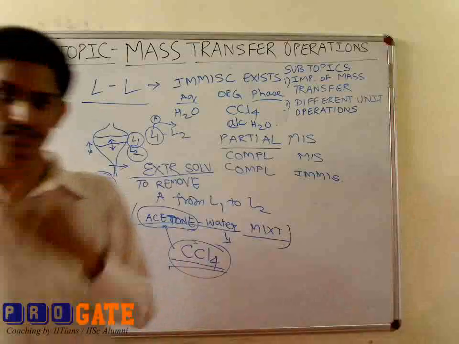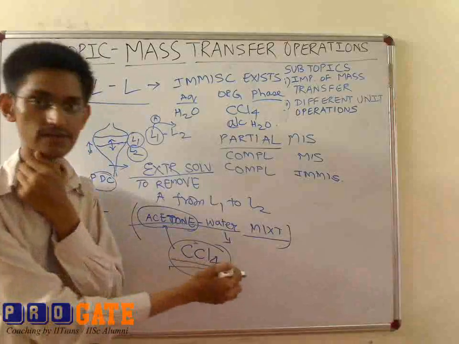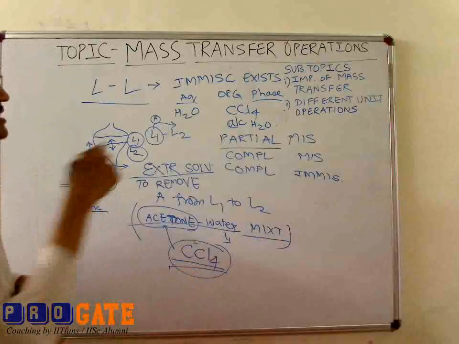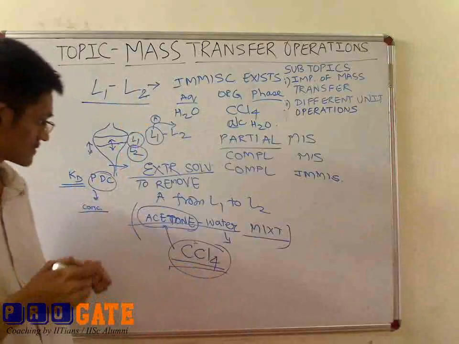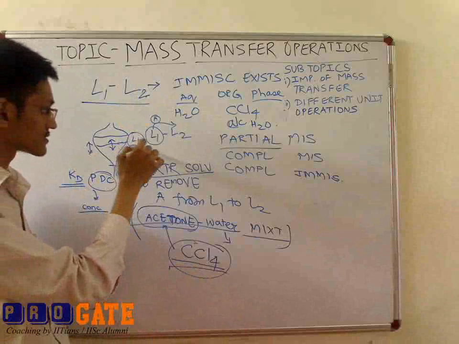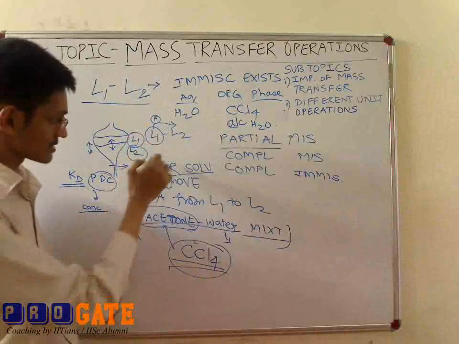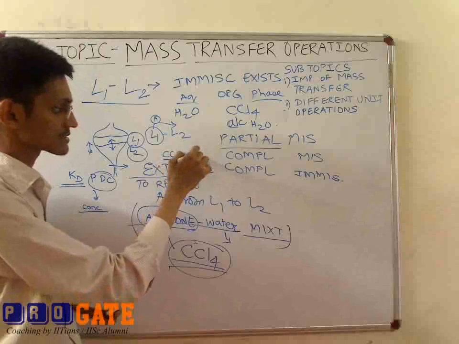So thus the acetone gets transferred from the aqueous phase to the organic phase, and that is because of the mass transfer taking place between the two liquid phases L1 and L2, leading to the concentrated solution of acetone in the organic solvent.